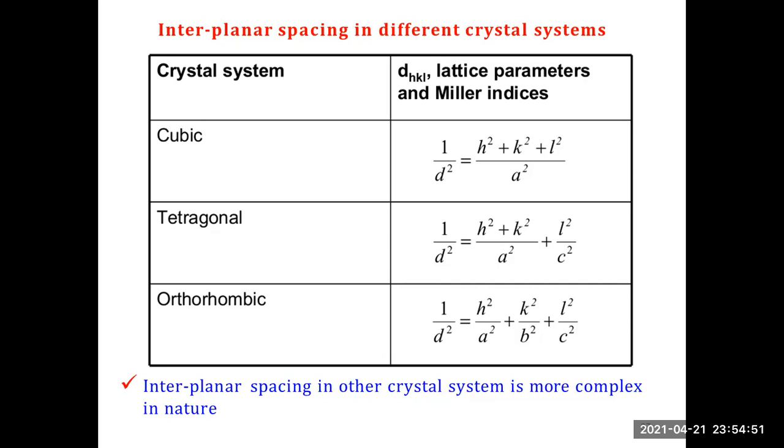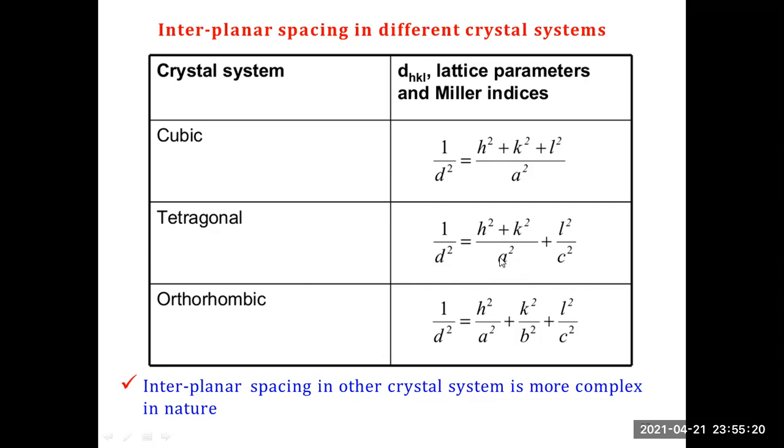Why? Because in the orthorhombic, the lattice parameters are a not equal to b not equal to c. So the orthorhombic interplanar spacing is considered the general formula. As you move to tetragonal, a is equal to b and b is not equal to c, so instead of b you can write a.